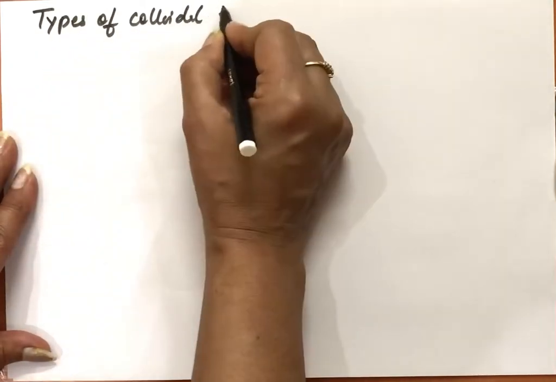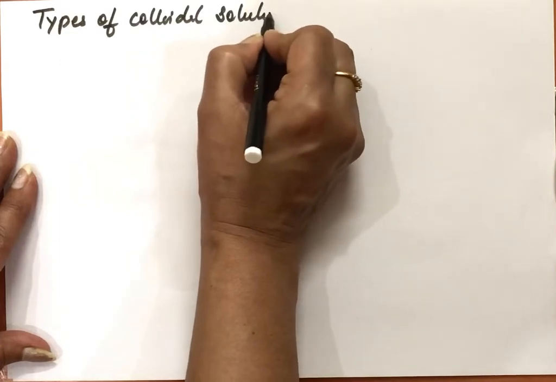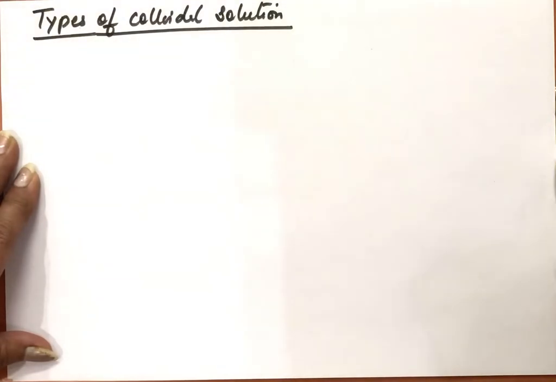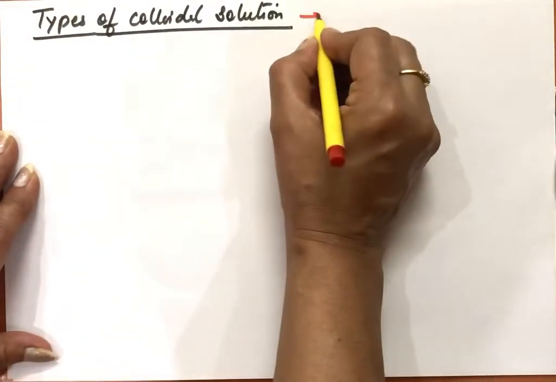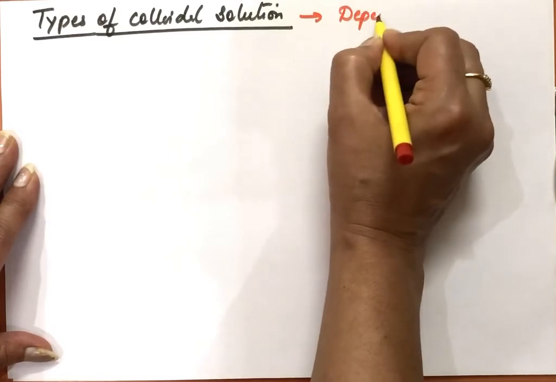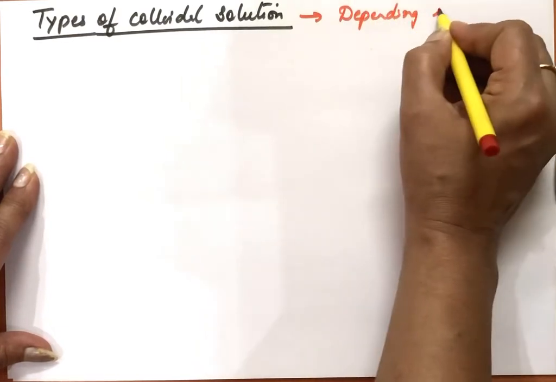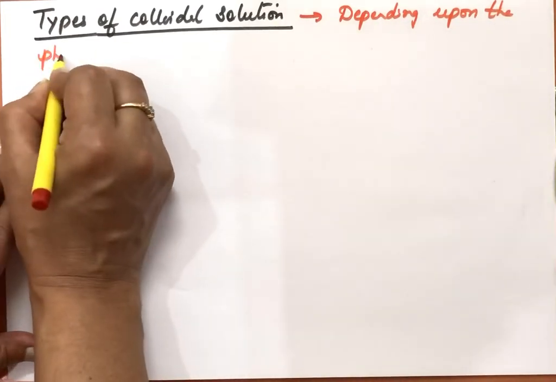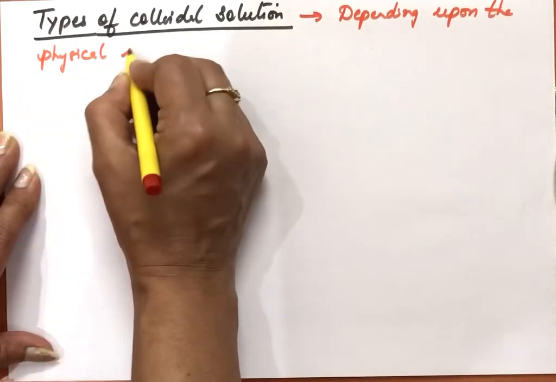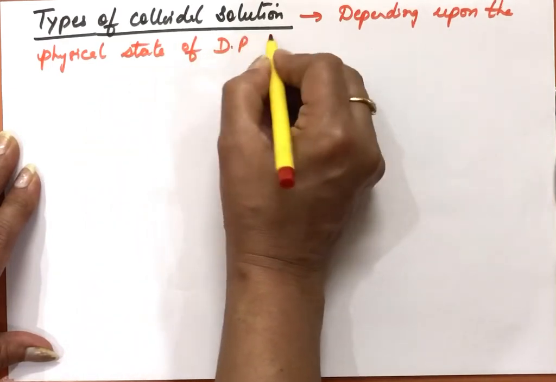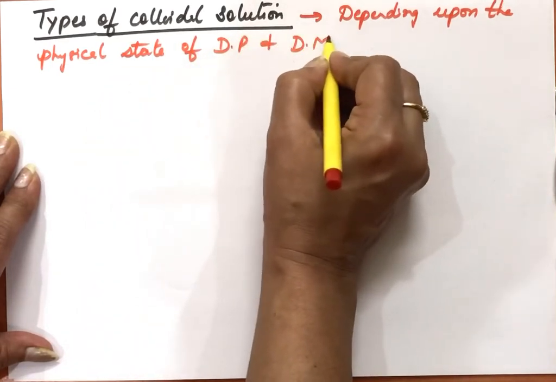These types of colloidal solutions are based on the physical state of the dispersed phase and dispersion medium. So this classification is based on, depending upon, the physical state of the dispersed phase and dispersion medium.